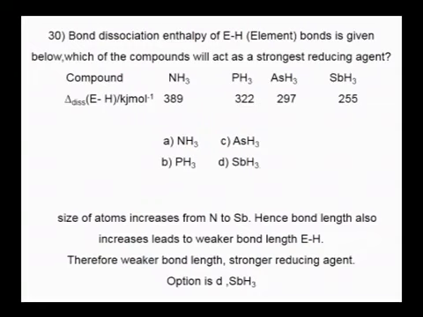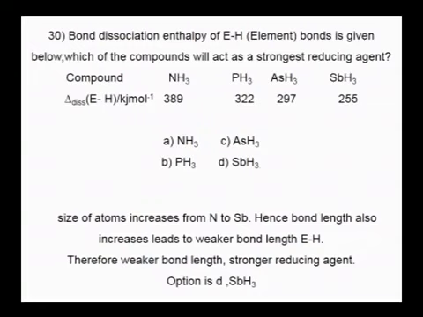Let us see the molecule in which E-H bond dissociation enthalpy is lower; that molecule acts as a strong reducing agent. By observing the dissociation enthalpy of E-H among these four molecules, SbH3 has the lowest bond dissociation enthalpy, that is 255 kilojoule per mole, hence it acts as the strongest reducing agent.